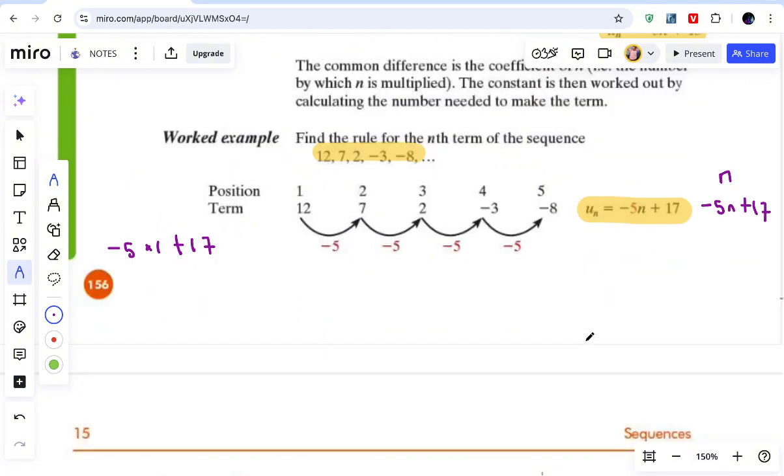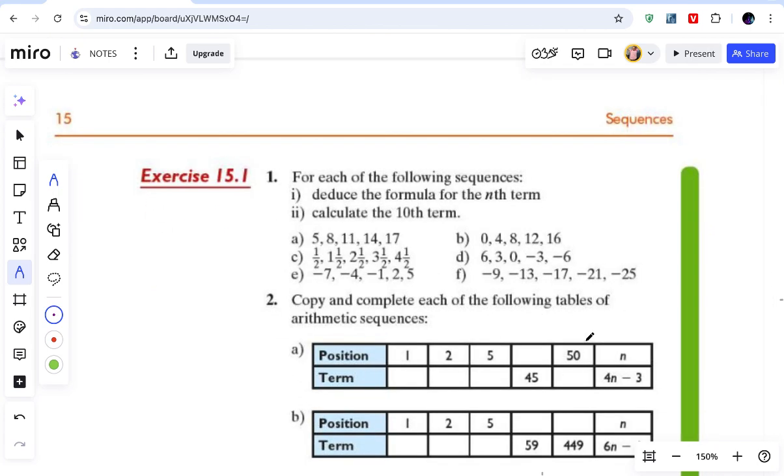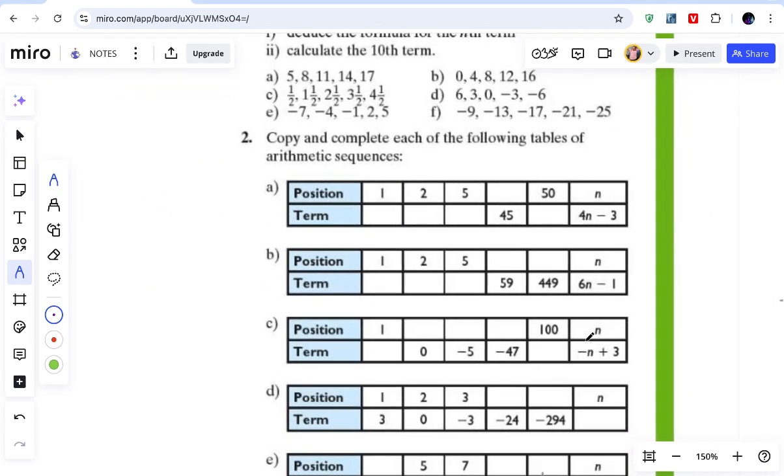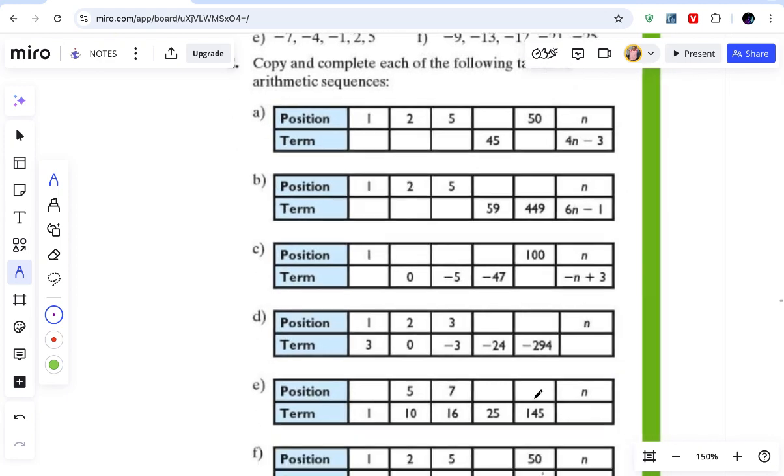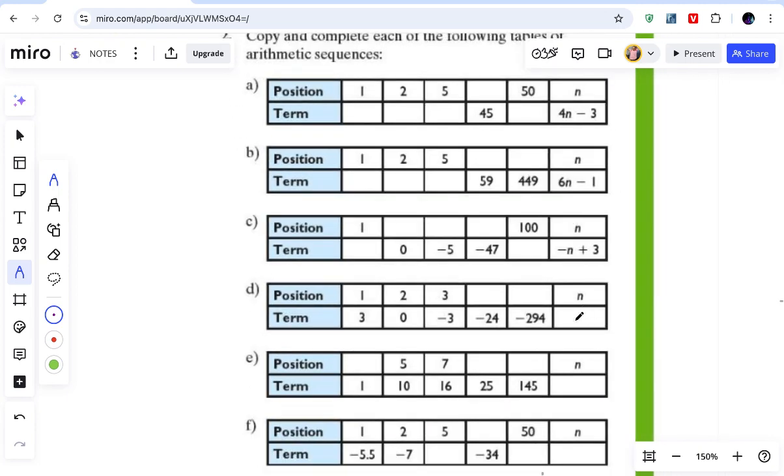So with this, you pause this video at this junction and calculate. They can give you a table and ask you to fill it up and put everything in the sequence. Here, they ask us to find the terms when they give you the n term.